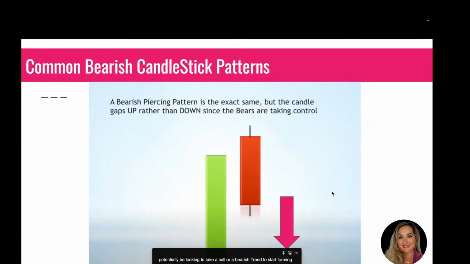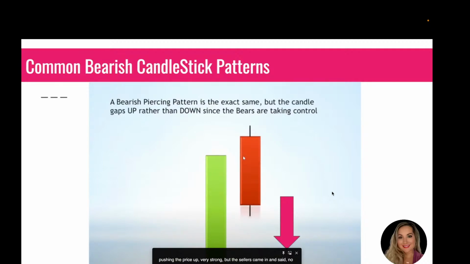Like we saw on the bullish side, there was a piercing pattern. There is also a bearish piercing pattern. Same concept here, but flipped. So you would have a strong bullish candle that prints, and then it is met with an extremely strong bearish candle that is accounting for 50% of the movement that the previous candle made from the opposite market, meaning that the buyers were pushing the price up very strong, but the sellers came in and said, no way.